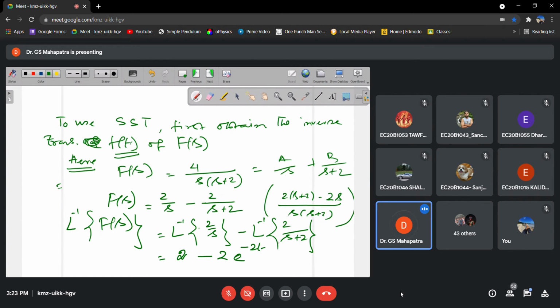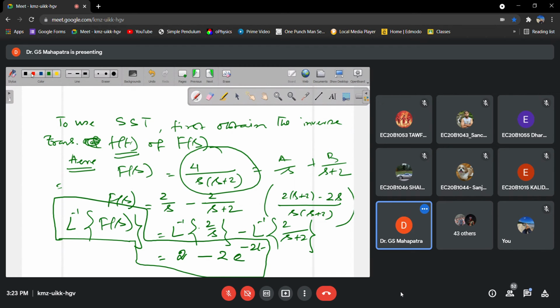Now this inverse Laplace transform is known to you. I am now making a box, a little bit bigger box.